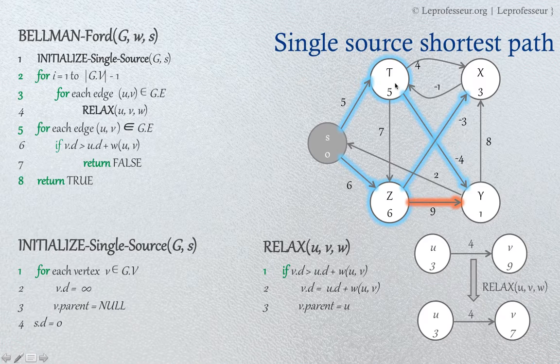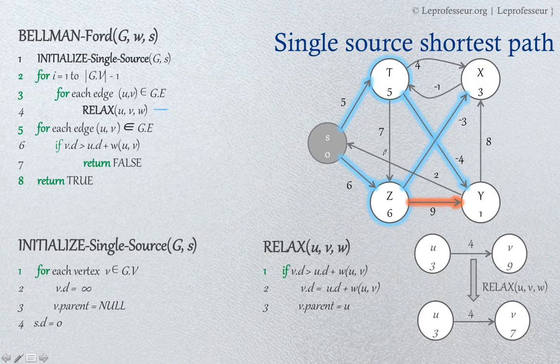Now we move on to the next vertex, say t. Here it's interesting to note that we have three edges going out from t. Let's say t and z. If we take this edge, we're going to see how the relax procedure works.